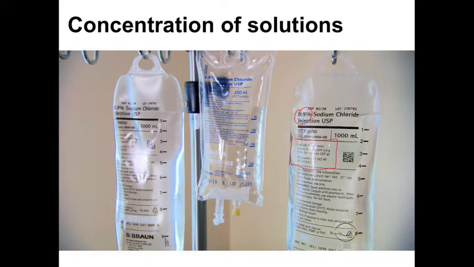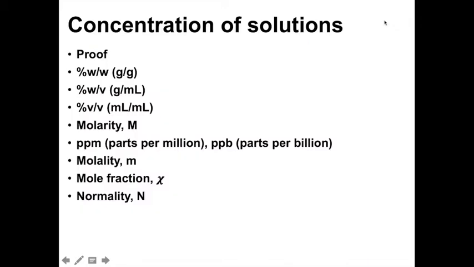It says each 100 ml contains sodium chloride USP 0.9 grams. So this one is actually weight per volume. It means that if I get 100 ml of this IV solution, 0.9 gram of it is sodium chloride. So there are a lot of ways to express the concentration of solutions.